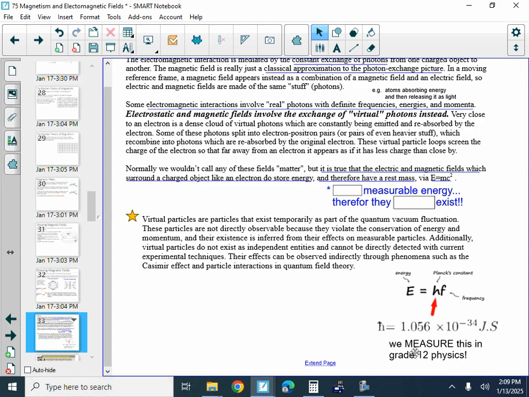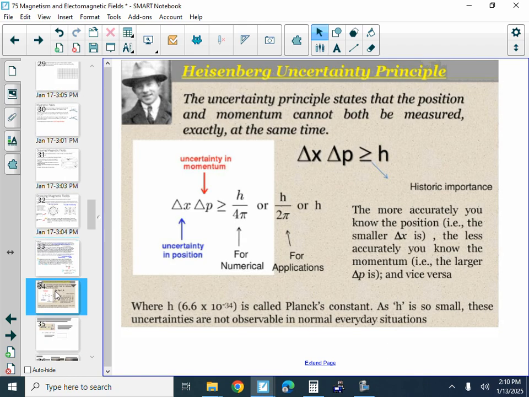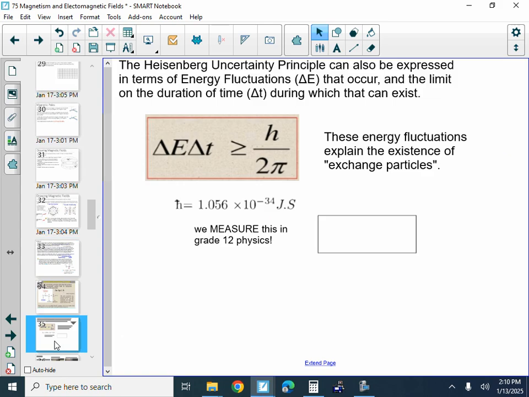This is something that's looked at later in grade 12 physics, where we can measure the proportionality constant between the amount of energy that a photon has and the frequency it has. And there's also a link to how long the photon can exist. One of these is going to have time in it as a factor.